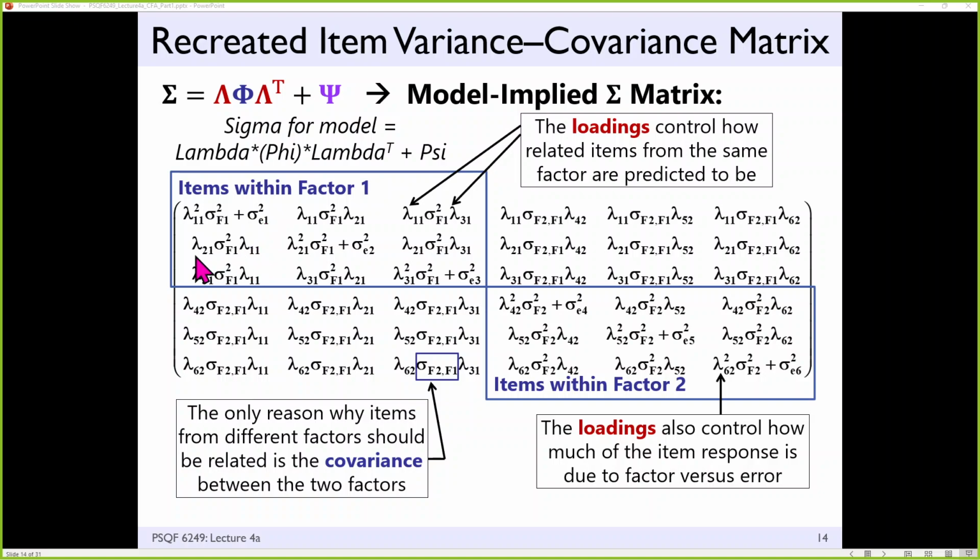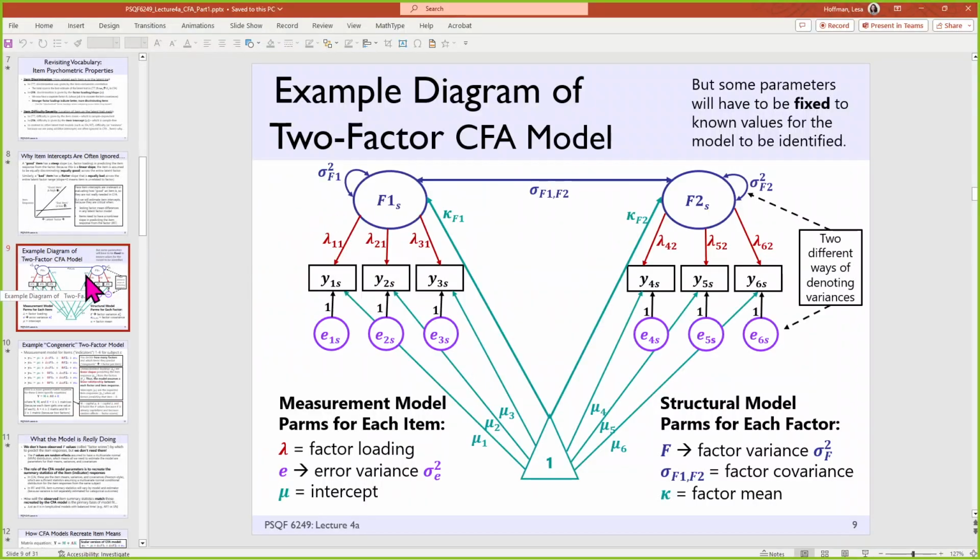Covariances then. Let's take this one right here, between item 1 and 2. The covariance between item 1 and 2 is a function of what they have in common, their latent factor variance, and then each of their loadings. So there are tracing rules. Let me get out of this for a second and go back to the picture.